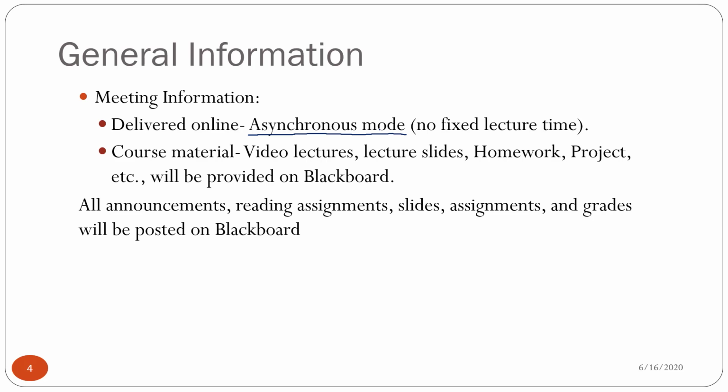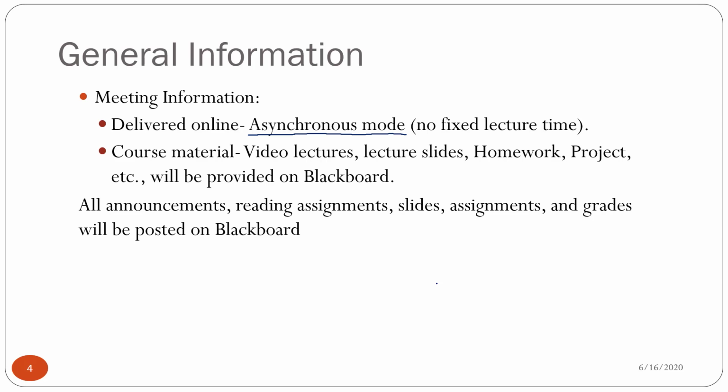In-person class is an example of synchronous teaching, where we have a fixed time every week when the lecture is delivered. The professor reaches the classroom, the students are also present, and the professor teaches for maybe 1 hour 20 minutes, or maybe 3 hours 30 minutes, and after that the class is over. So that means there is a fixed time when the professor delivers the lecture, and the students are also supposed to be present during that time.